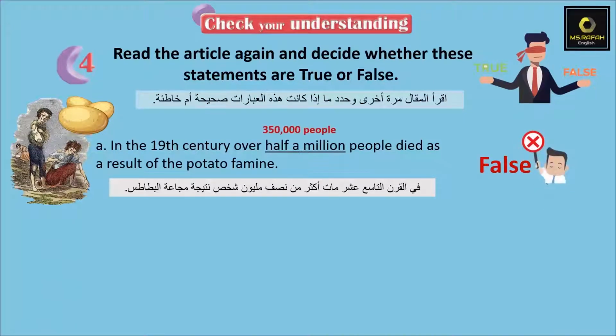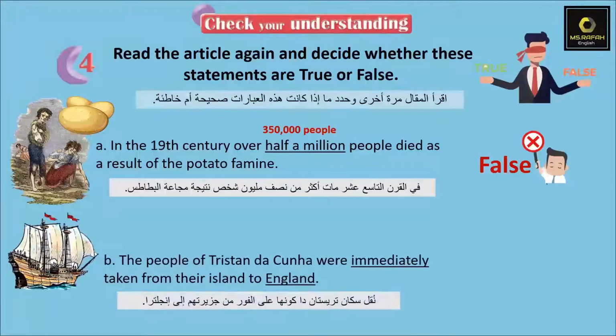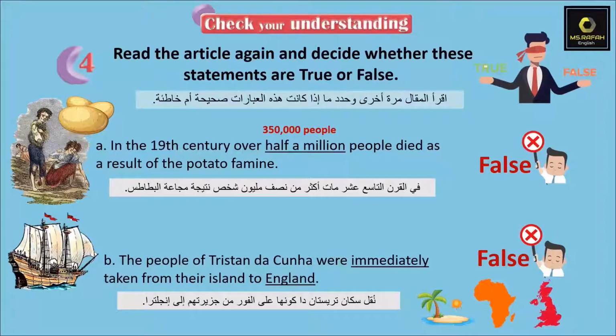False. قلنا مات 350 شخص، هدول ما صاروا النص. The people of Tristan da Cunha were immediately taken from their island to England. False. هن انتقلوا لجزيرة قريبة وبعدين لأفريقيا وبعدين لإنجلترا، إذن لا، مو مباشرة.